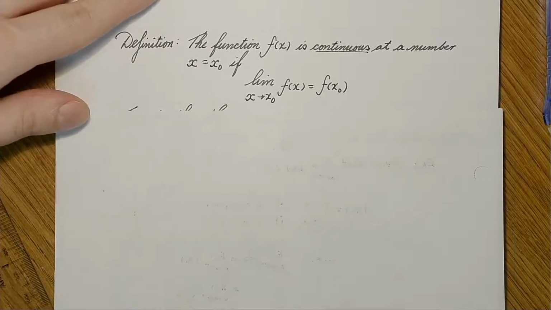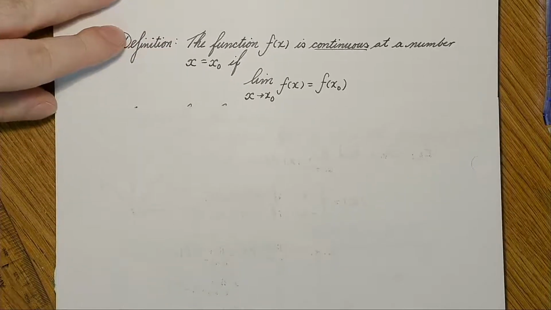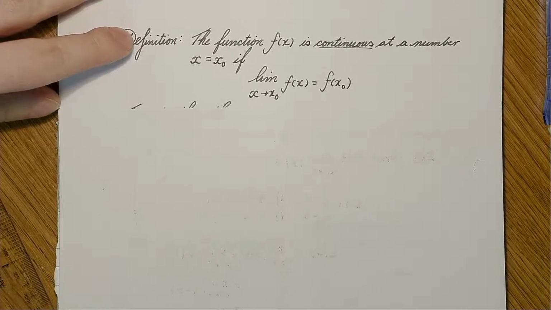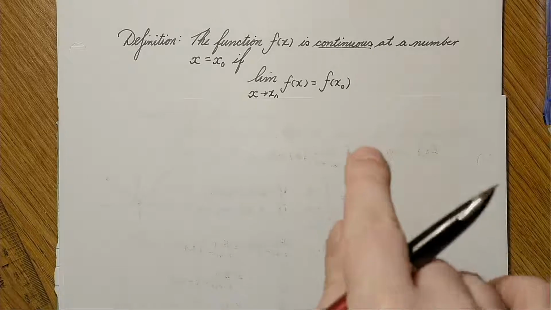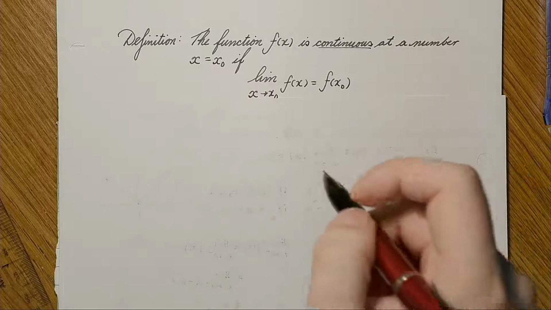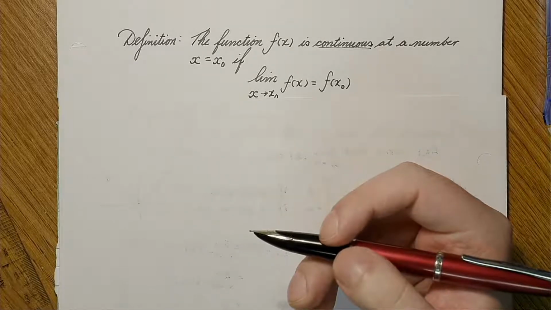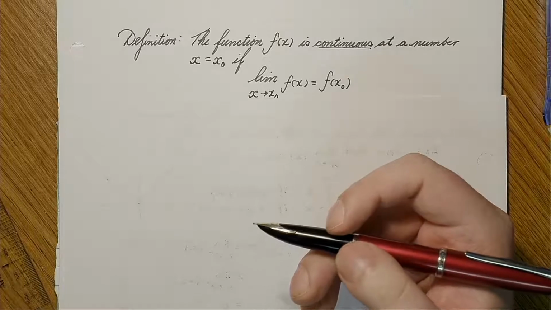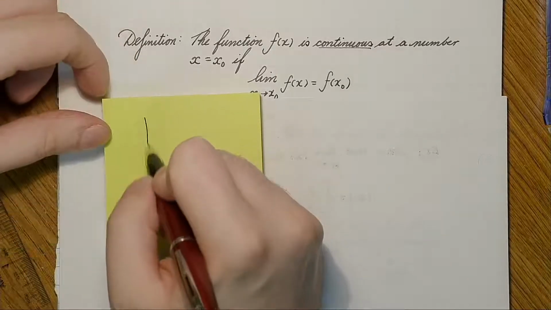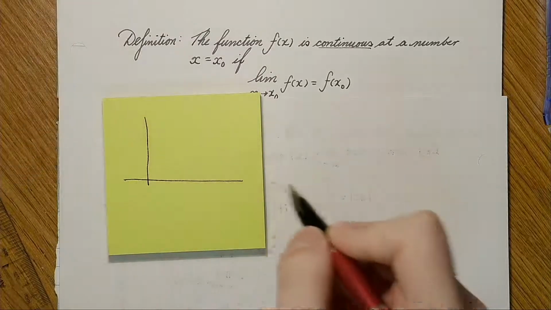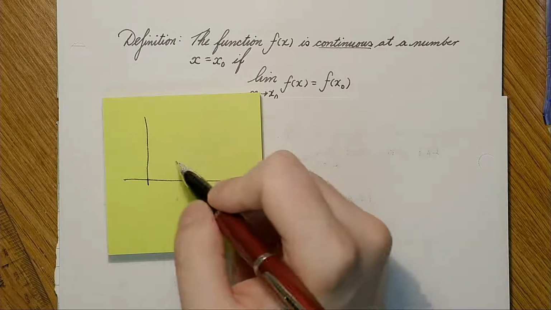So we have a definition. We have to understand the idea of continuous, and particularly continuous at a point. Intuitively, we think of a continuous function as a function that I can draw. And remember, it has to be a function, so it has to pass the vertical line test.